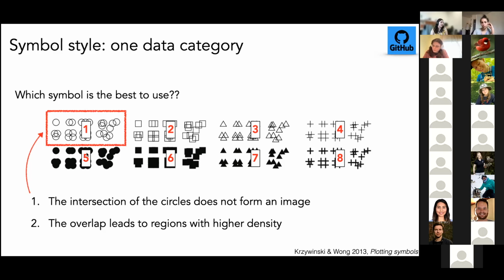So if I am using these open circles, I might also use color to differentiate them. But if I do that, then they become more like solid circles. And so if you vary the alpha value, you make it so that they fall closer to this open circle. And so regions that are overlapping then get this similar property of a higher density. So you get a darker color in regions with overlap.